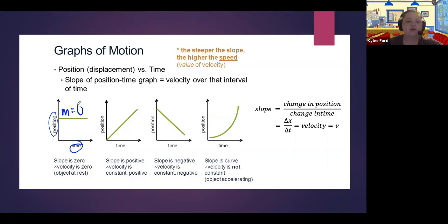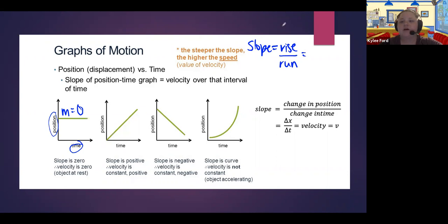Okay, now that's important to us because our slopes in all of these graphs tell us something about our velocity. Okay, so when we're looking at slope, typically, when we're looking at slope of a graph, we're looking at a rise over some run.